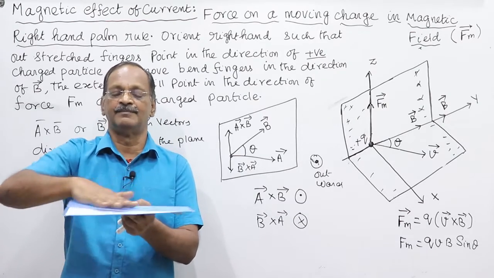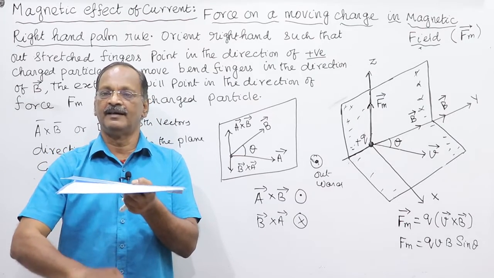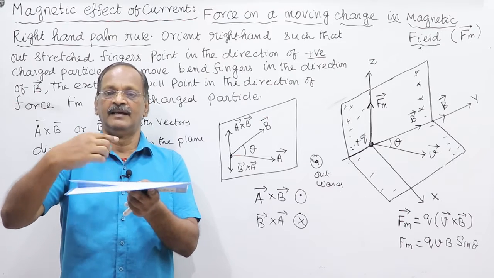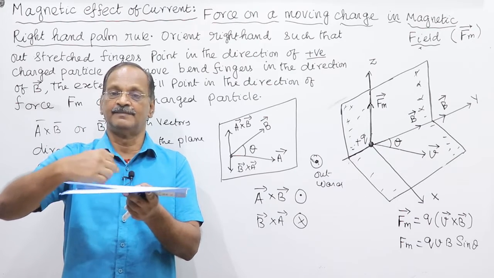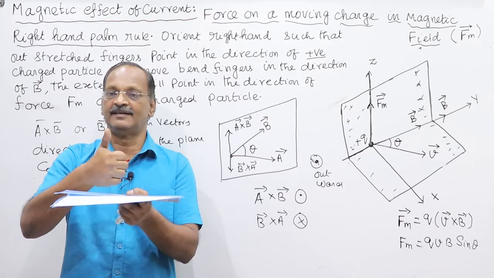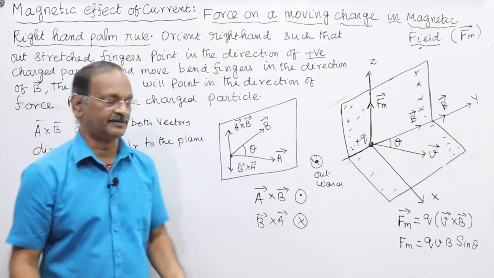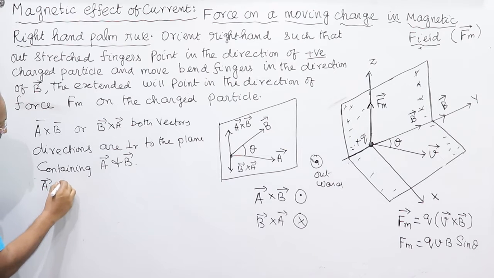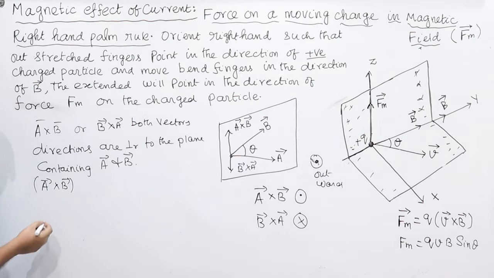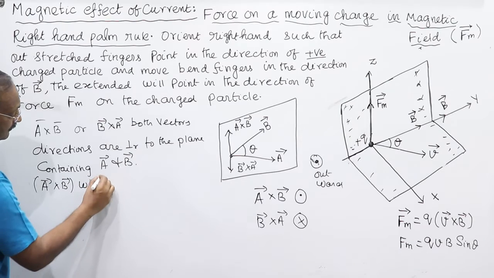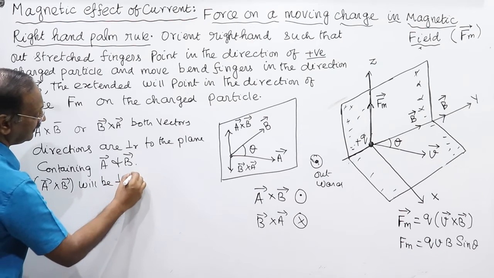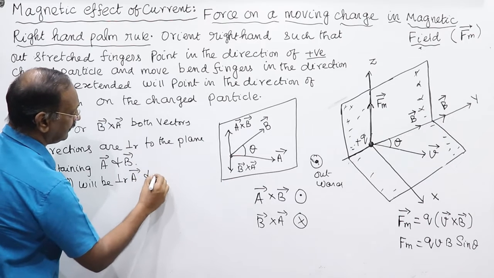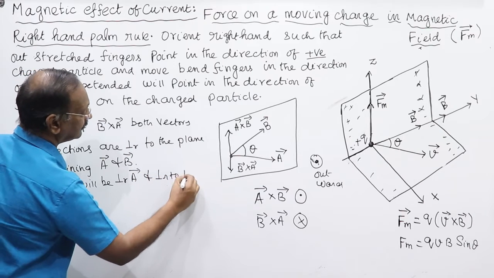Either it will be in this direction, perpendicular to the plane, either upward or downward. It means that A cross B is perpendicular to vector A and also perpendicular to vector B. The direction of A cross B will be perpendicular to vector A and perpendicular to vector B.